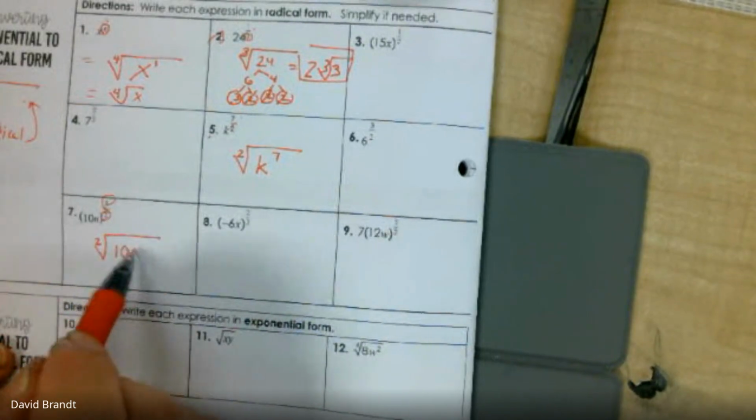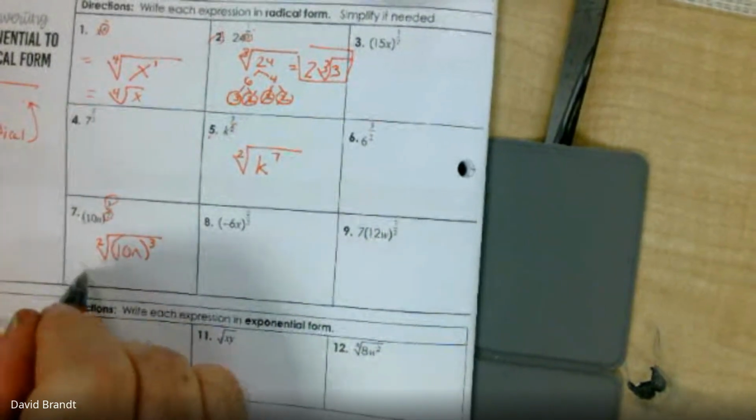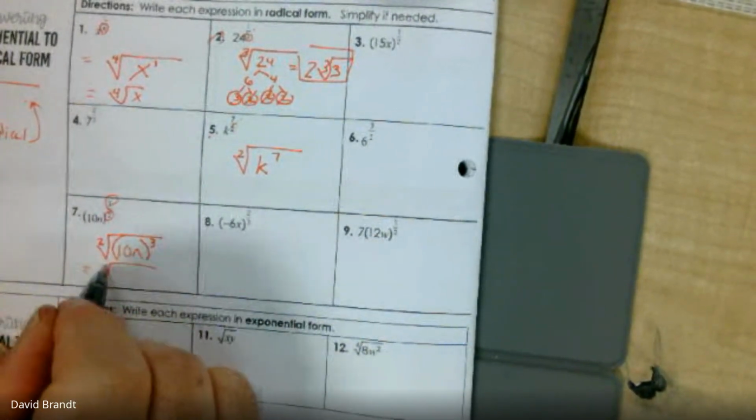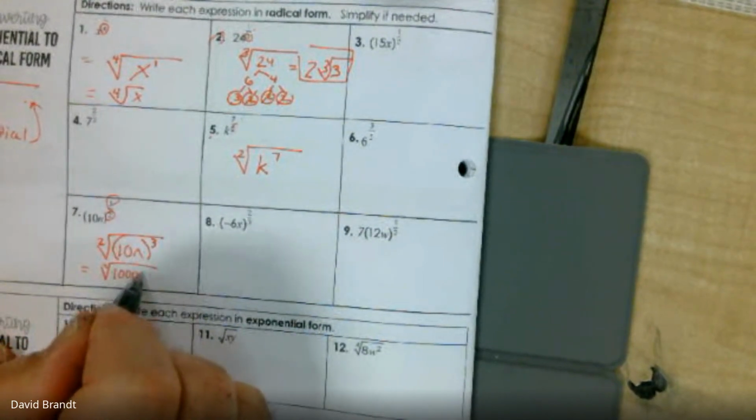You put 10n in. The top number is the exponent. Now that exponent has to belong to the whole 10n, so you need to put this in parentheses. You may want to write that the square root of 10 cubed is 1,000, and n to the power of 3. Now that can be broken up, but I'm just going to leave it like that for now.